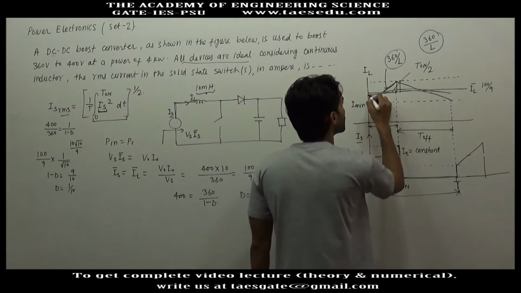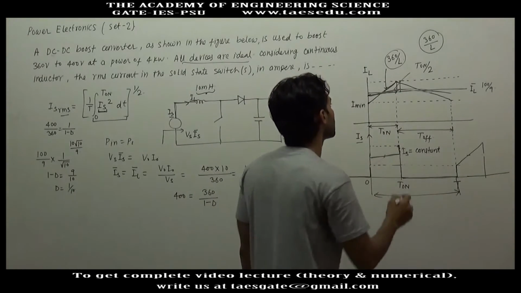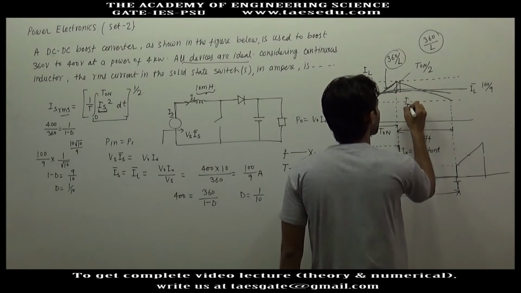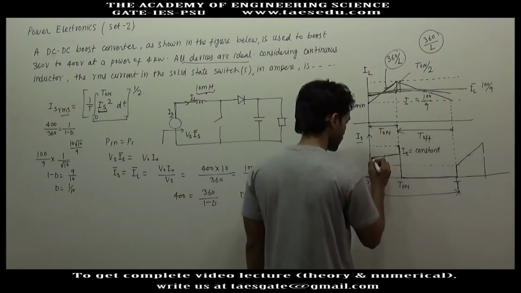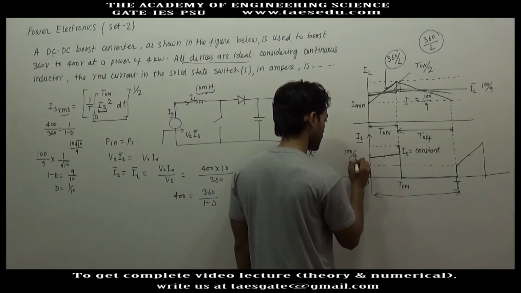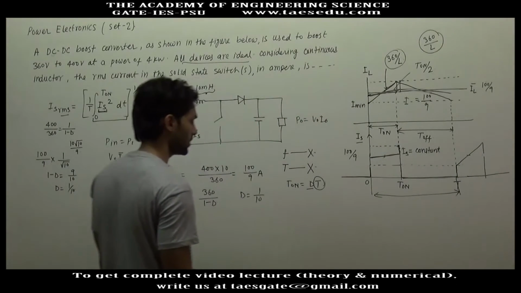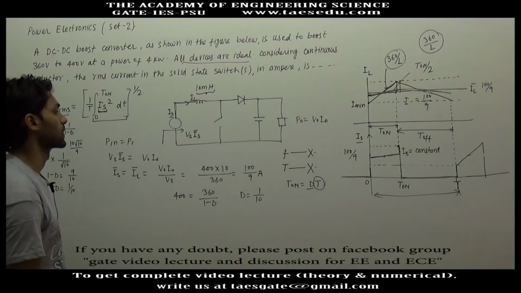Here also the inductor current is approximately constant. Now if it is constant, that constant value will be the average value. So here also the constant value of switch current will be 100 by 9 ampere, and this will be for a duration of 0 to T on.